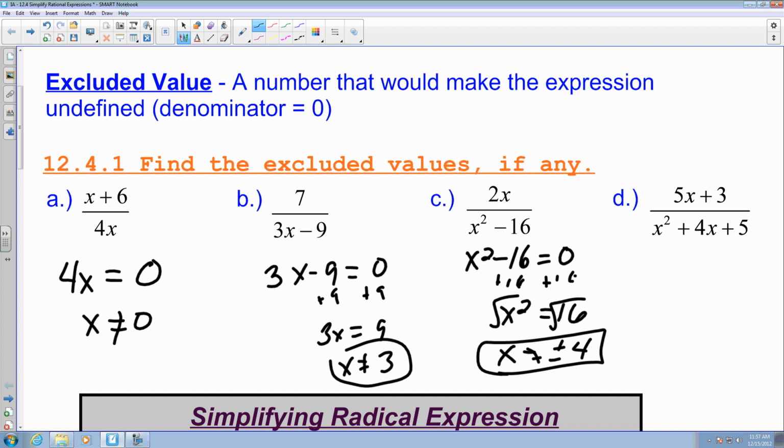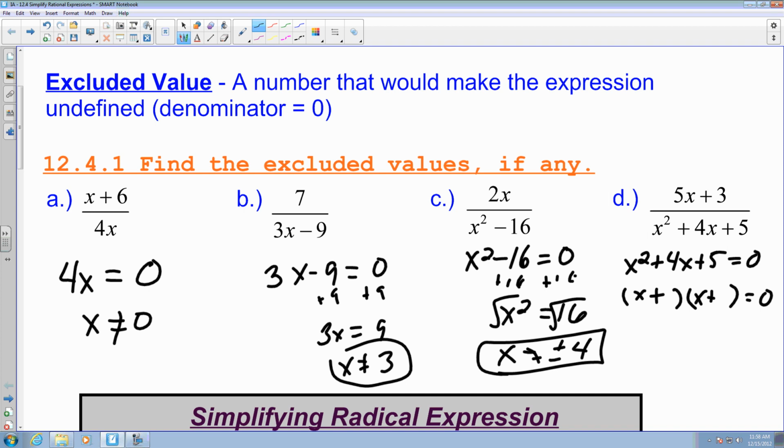Now let's look at D. D here has x squared plus 4x plus 5. I have to see if x squared plus 4x plus 5 equals 0 at all. Let's see if I can factor it. It would be x plus and x plus. Are there any values whose sum is 4 but whose product is 5?